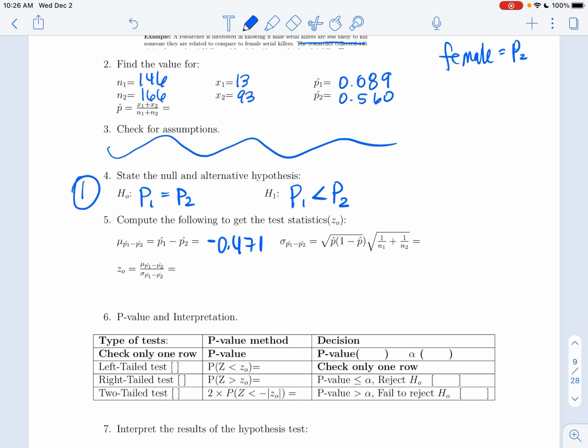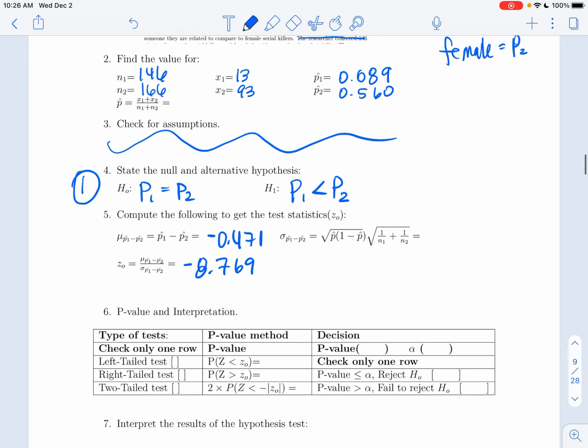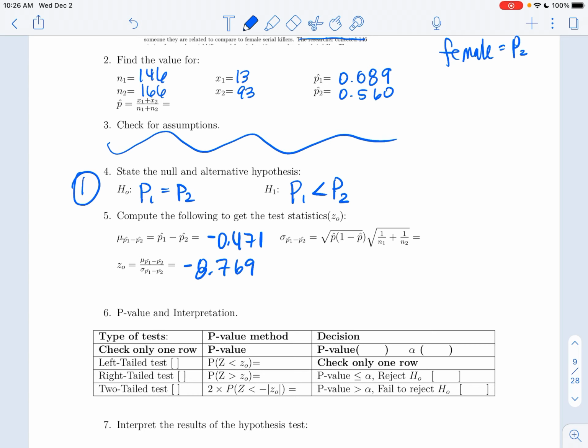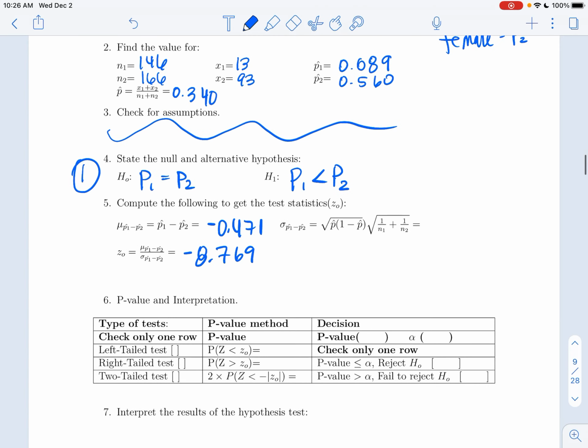Calculate. So my z is negative 8.769. And then my p hat is 0.34, not 33. My p-value is 0.